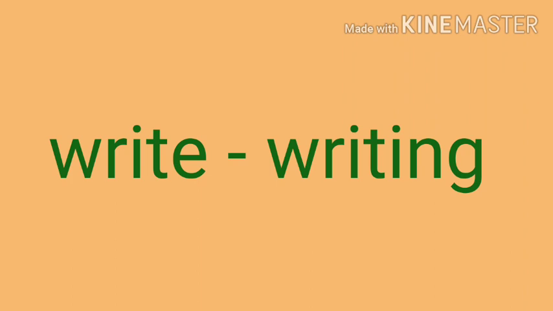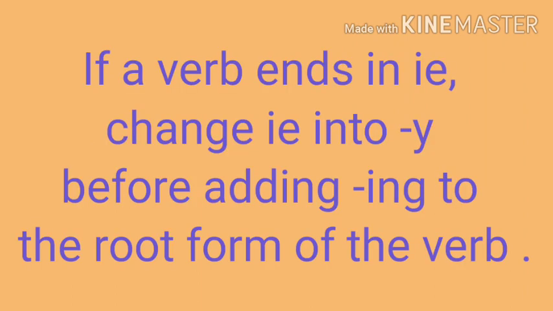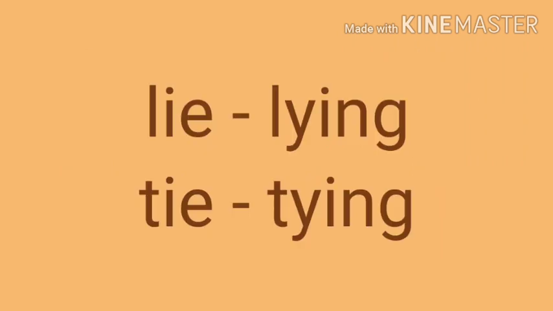Now let's look at the next one. If a verb ends in IE, change IE into Y before adding ing to the root form of the verb. For example, lie, L-I-E, lie. When we change it into the ing form, we drop the letters IE and then add Y, then we add ing.